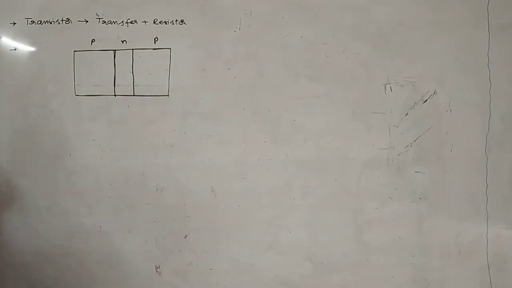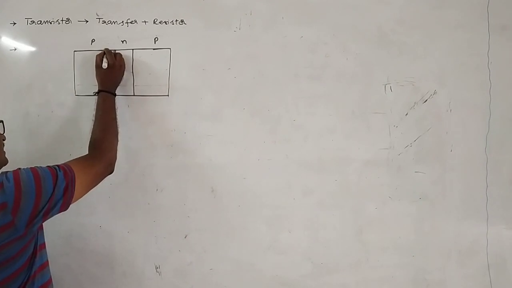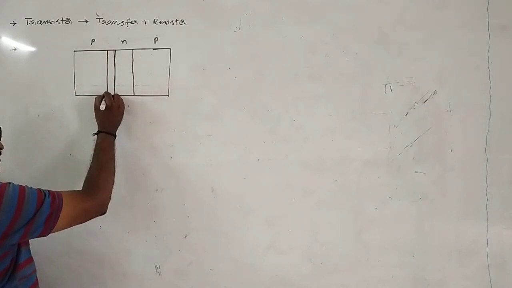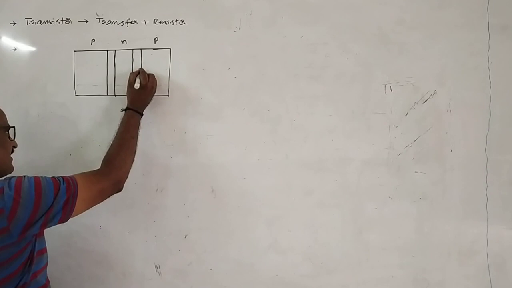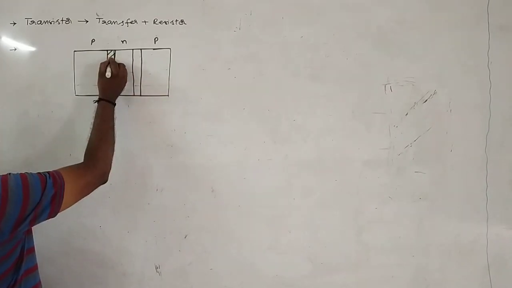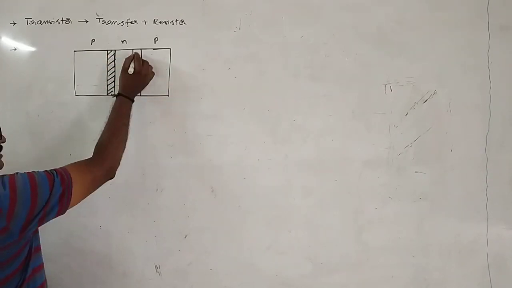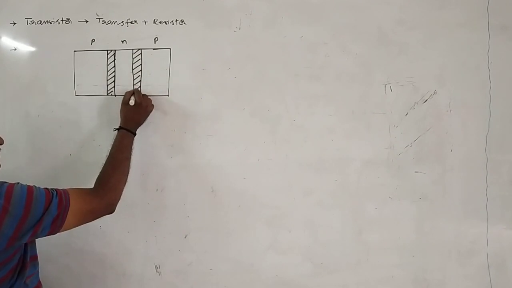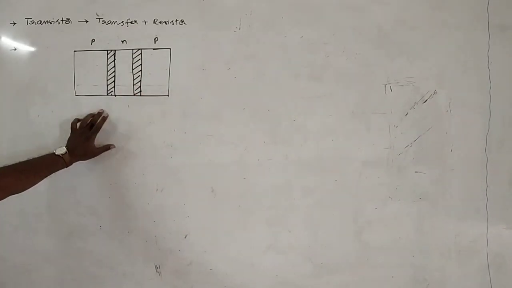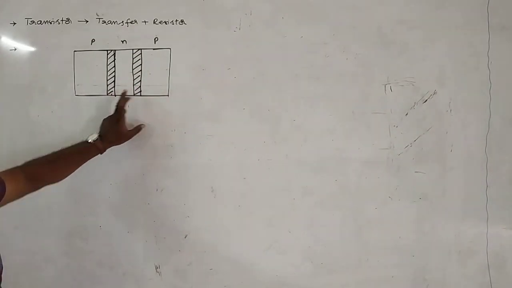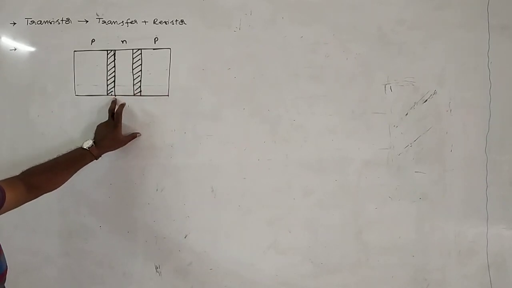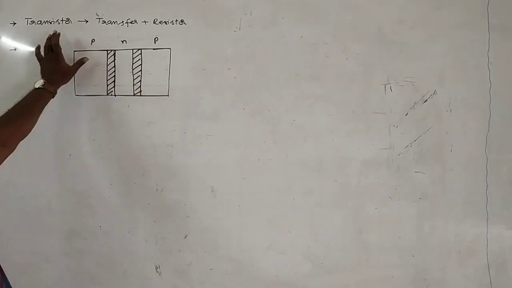Right? So here this is one diode and this is another diode. Okay now? This is one diode, this is the other diode of the arrangement. It is a two diode symbol, meaning a combination of two diodes. This is nothing but the transistor.